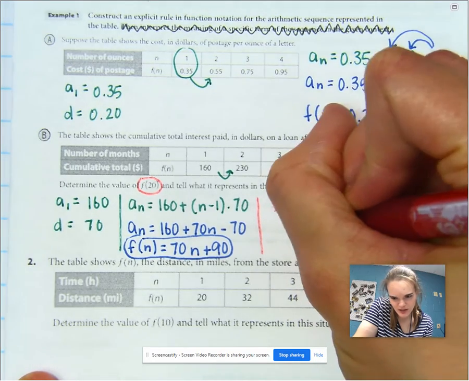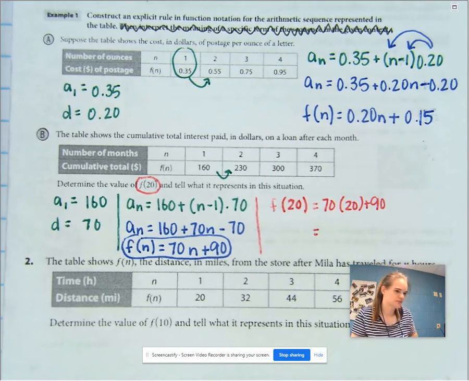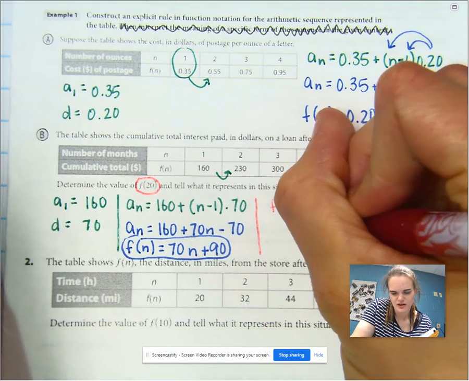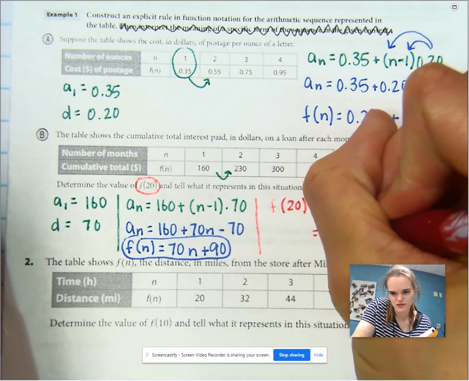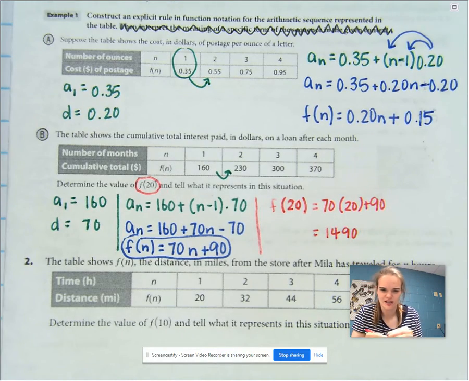Remember, I can plug that right in, or I can do it in my head if you know 70 times 20 in your head. I don't. Yes, I do. Okay, that's 1,490. Here's what this means.